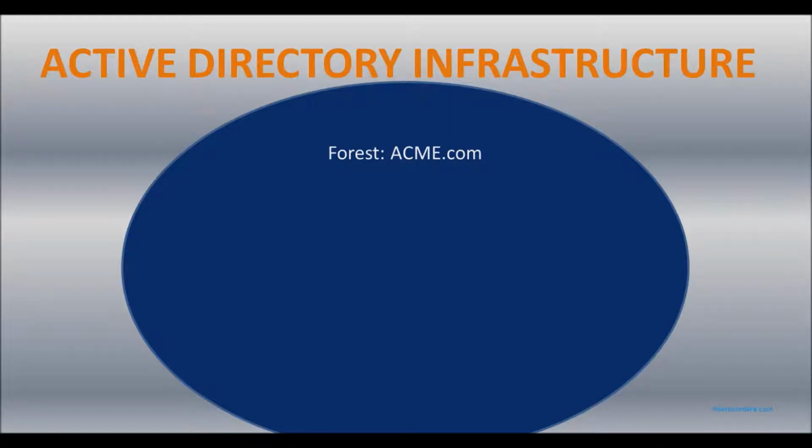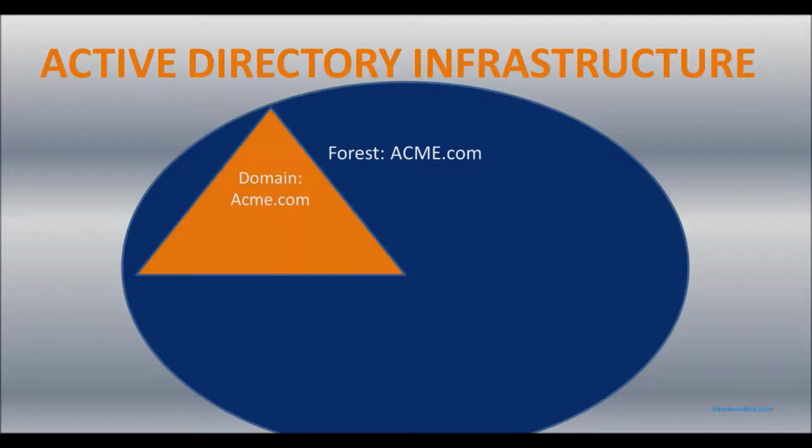Okay? And the reason I say that is because the first domain that we create in Active Directory in our forest is going to take the name of the forest. Okay? So we have a forest called acme.com. We're going to create a domain, or an apartment complex, if you will, a gated community.